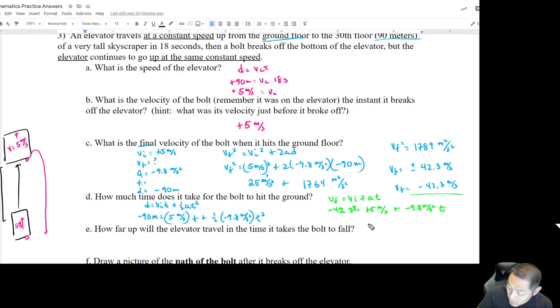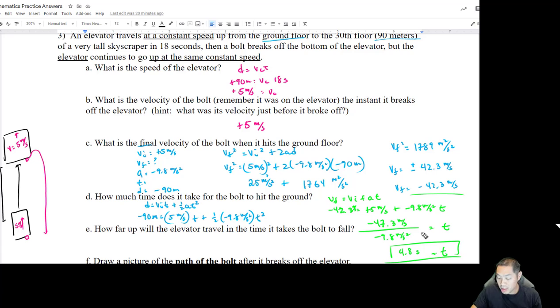I'm going to move the 5 over, so you get negative 47.3 meters per second divided by negative 9.8 meters per second squared equals t. So t is equal to 47.3 divided by 9.8, and I get 4.83. We'll just round it off to 4.83 seconds.